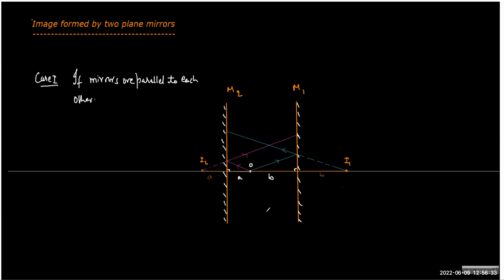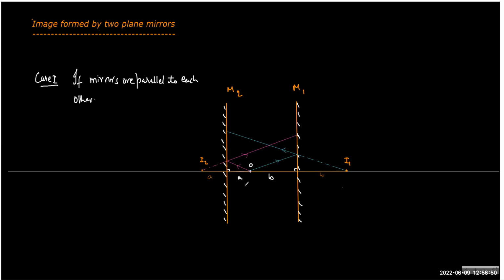We are ready for the next reflection. Now this is the incident ray for the mirror 2, the blue one, and the pink one is the incident ray for the mirror 1. The next reflection will give you the next image. I will draw it later, but I will tell you where the image is formed.